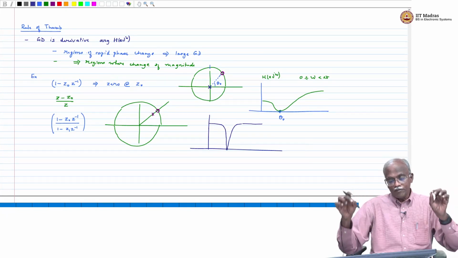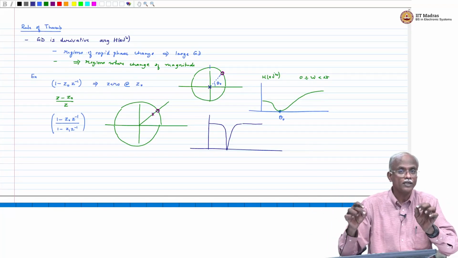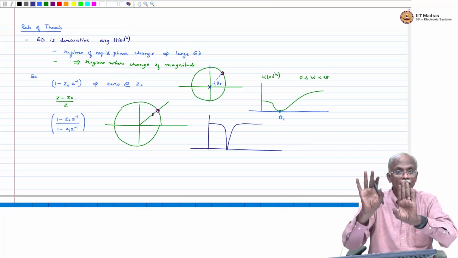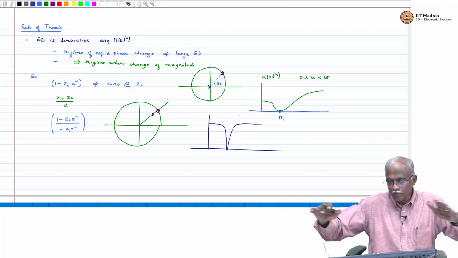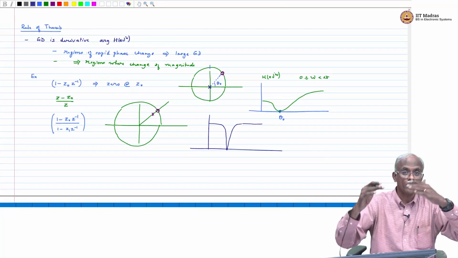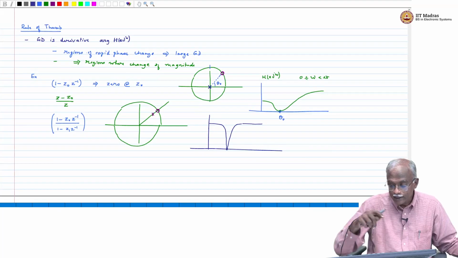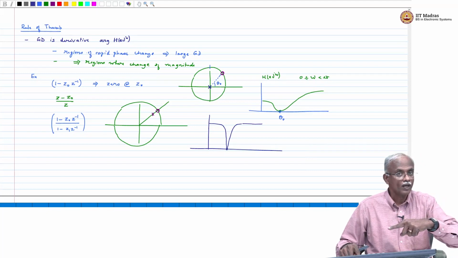The effect of the 0 is that it will pull the magnitude response down to 0, and the effect of the pole is to cancel it, basically to push up the response. So at all other frequencies, the pole and 0 are counteracting each other, except at omega equal to 0, where the 0 forces the response to 0. Now, around theta equal to 0, there is a very rapid change in magnitude.